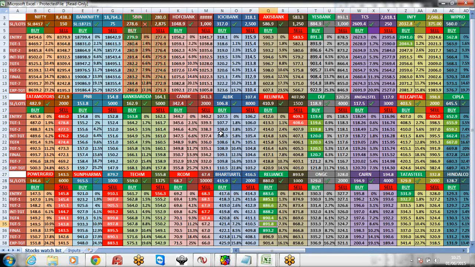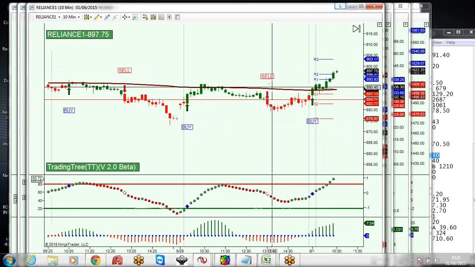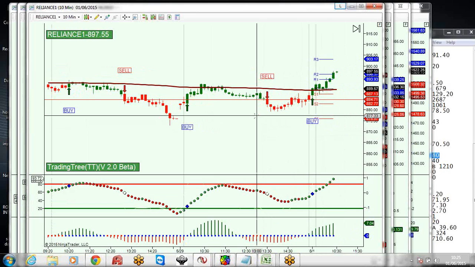So the final target for Reliance is done here. You can see that. Whereas here, we know that the next level is 898. So we don't need to exit actually.